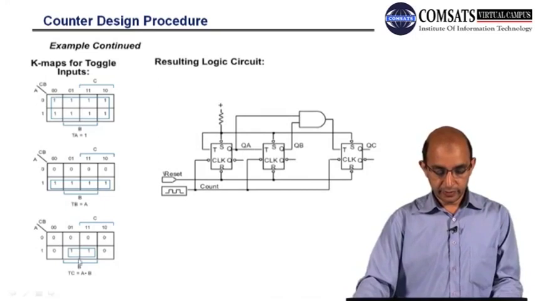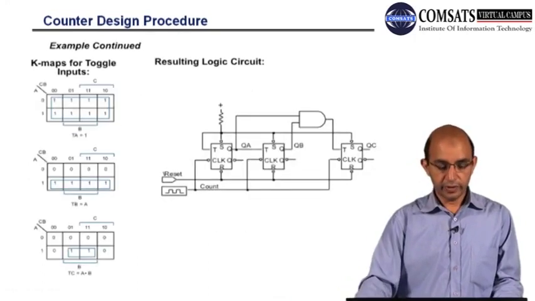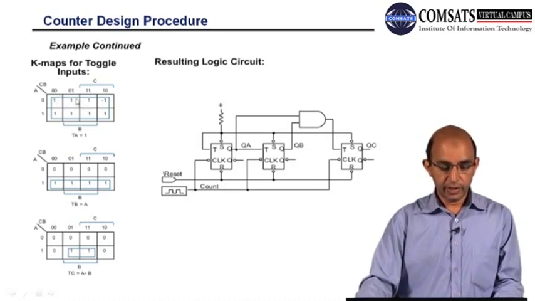For TA we have all ones, so we have the quad. After the plotting of those values, we have the 1.